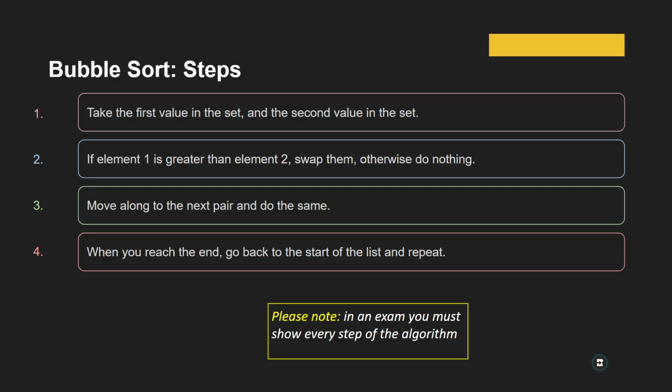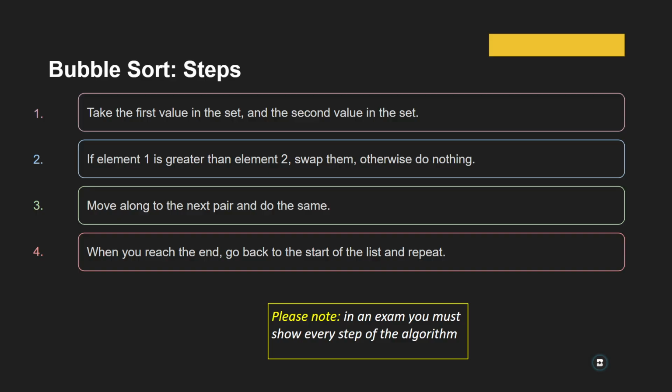So, in a nutshell, these are the steps. First, take the first value in the set and the second value in the set. Set means here, let's say list, right? We just take the first value and the second value. Then we compare those two values. If element 1 is greater than element 2, we swap them.